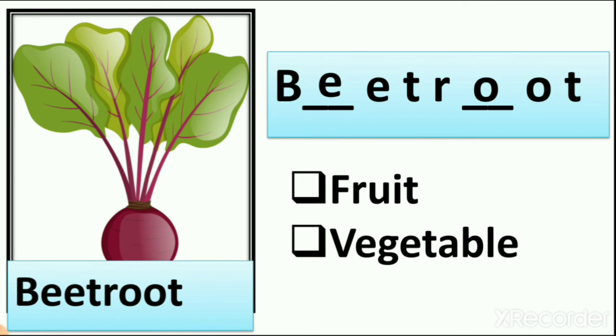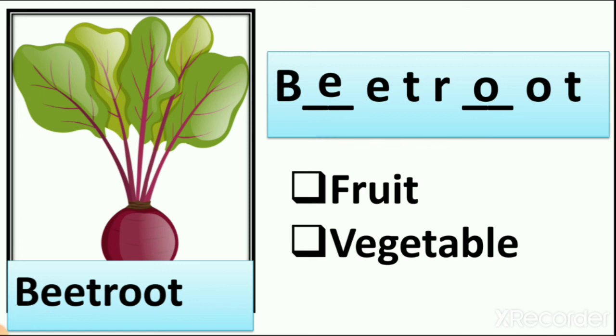So we learn about beetroot. Is that a vegetable or is that a fruit? Yes. So we learn that beetroot is very healthy food and it makes blood in our body. Is it a fruit or vegetable? It is a fruit?